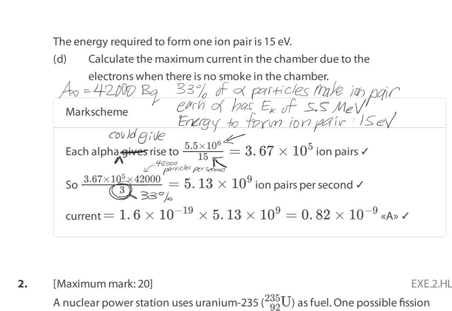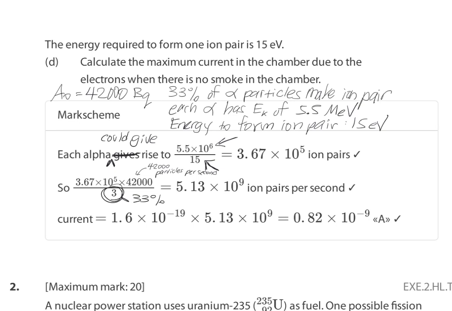And so each particle could give rise to 3.67 times 10 to the 5 ion pairs. Only 33% of them will, so we're dividing by 3 for the 33%, but that's giving us 5.13 times 10 to the 9 ion pairs per second. Now, the problem is just asking about the electrons. So the ion pairs are both positive and negative.